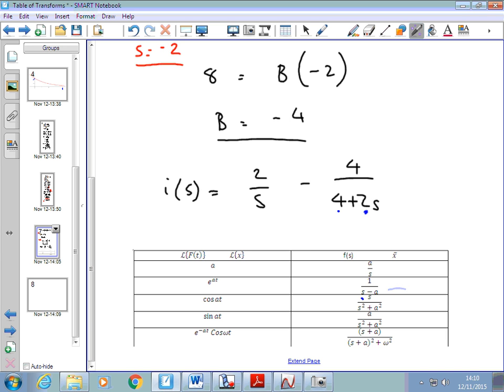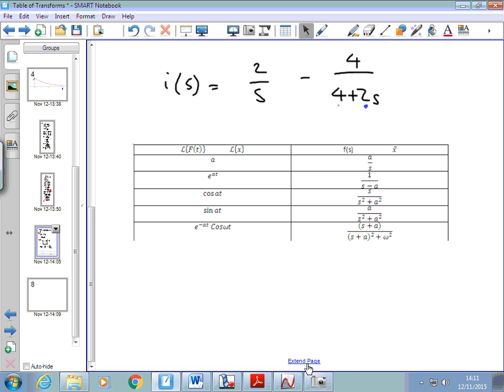So what do we do? Right, divide top and bottom by 2. So I(s) equals 2 over s minus, dividing top and bottom by 2, 2 over 2 plus s.